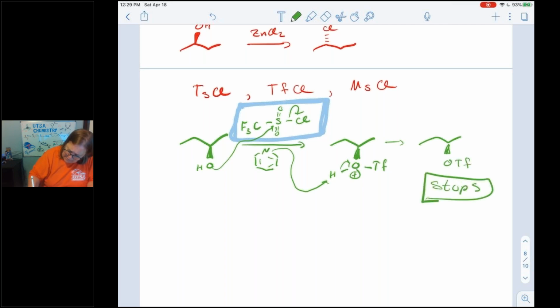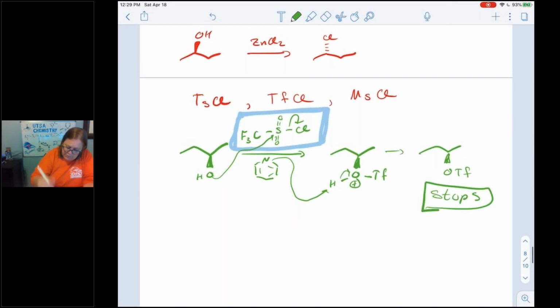I'm going to make this in my lab, put it into a little jar, and throw it on the shelf for future use. It's the same thing with all of these. The only difference is the R group, but the mechanism is exactly the same. For tosyl, the R group is a toluene group, and of course for mesyl, it's a methyl group.